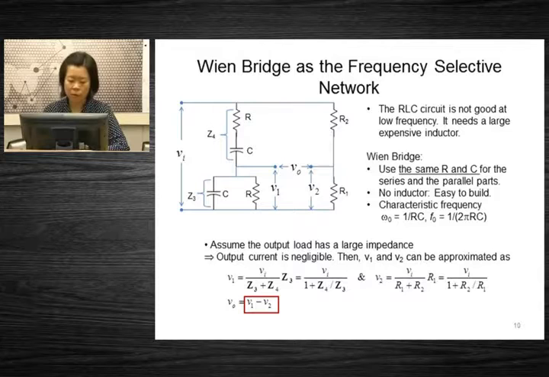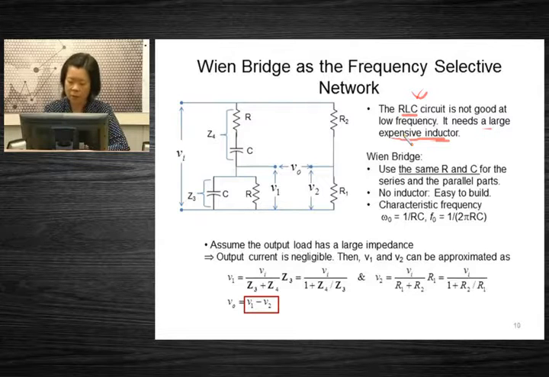So let me go into details on these applications. You learned about the RLC circuit last time, but what they found is that this RLC circuit is not good at low frequency. It needs a large expensive inductor. Otherwise, the circuit becomes some kind of DC circuit due to the capacitor. It should be balanced by the inductor. Now, if you use a large value inductor, it becomes expensive. So people wanted to find another way to select frequency or to find resonance.